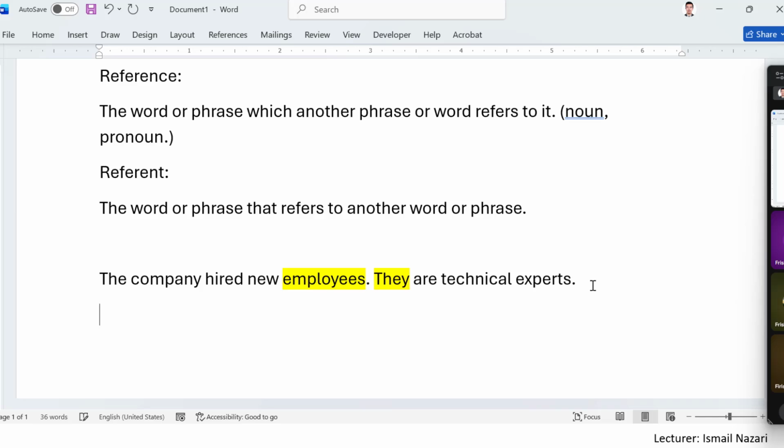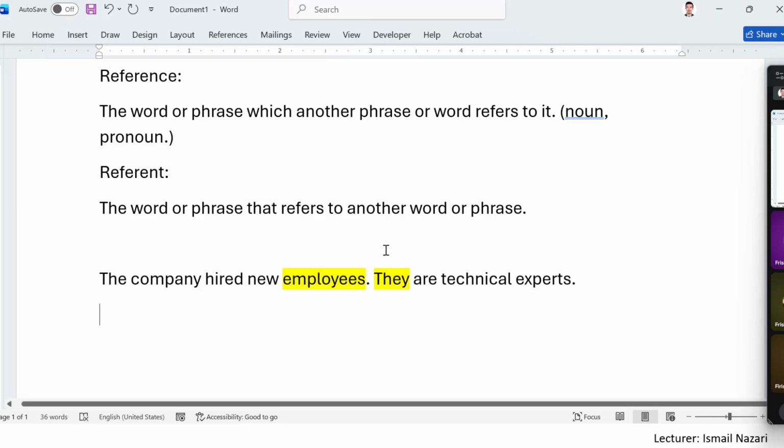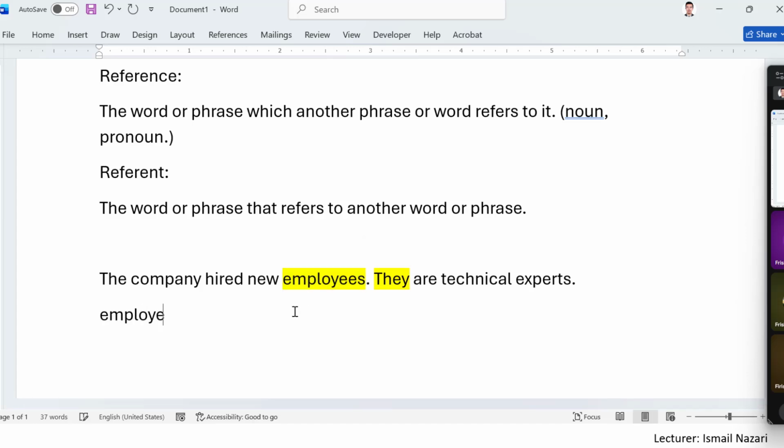So which one is the word which another word or phrase refers to? The word employees here is the reference. Now, what is the referent? The word they is the referent.